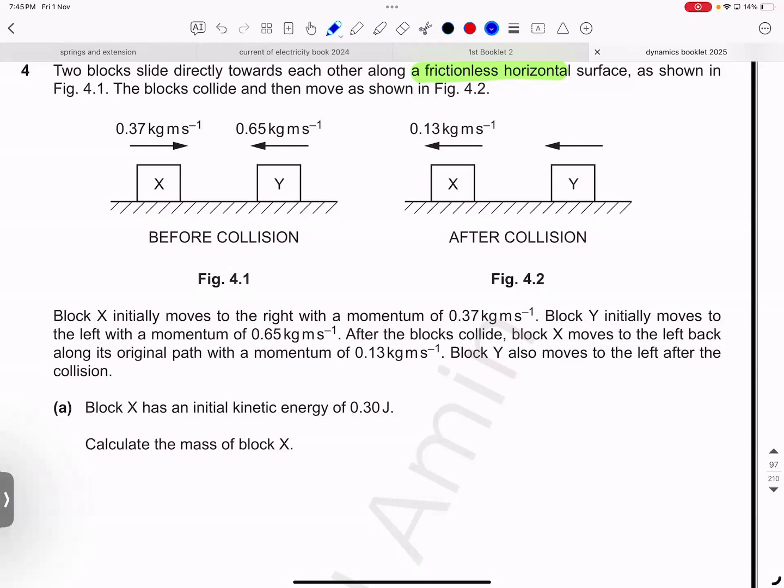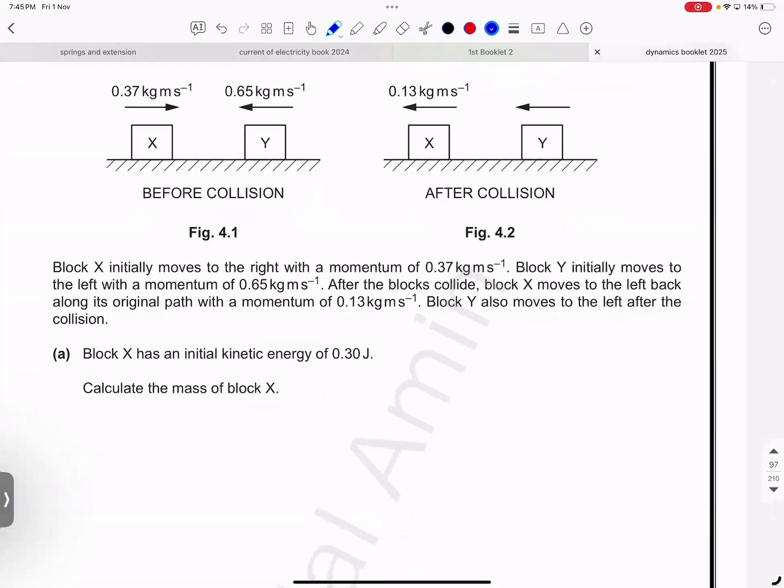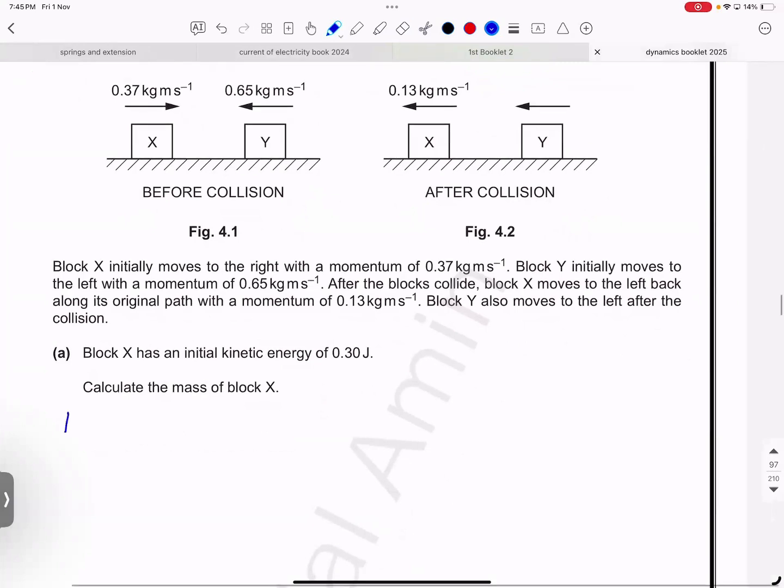Block Y also moved to the left after collision. Block X has initial kinetic energy of 0.3. Find the mass. Dear students, there are 2 ways to solve. One way is directly: kinetic energy is P squared over 2M. If you don't know this equation, totally fine. I gave you this proof.